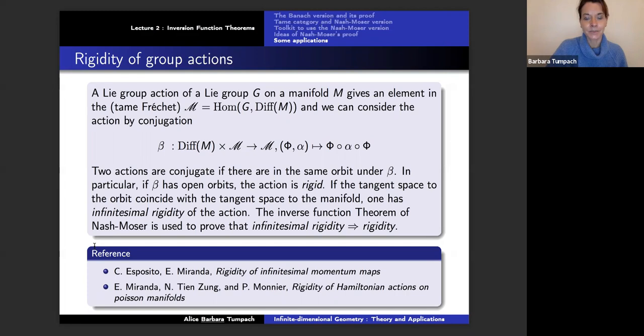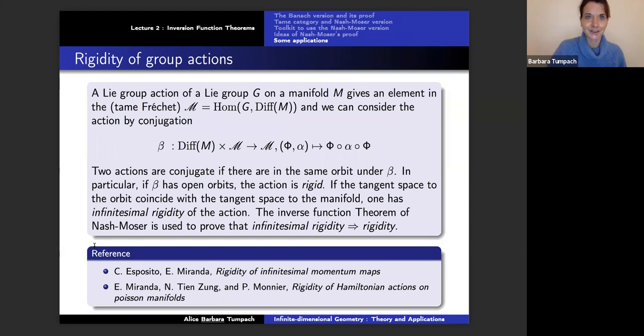The story is that when you want to know if two actions are conjugate, for those who know, the Nash-Moser theorem is used for going from infinitesimal rigidity to rigidity. So when we have a rigidity at the tangent spaces of a manifold, we want to go to the manifold.